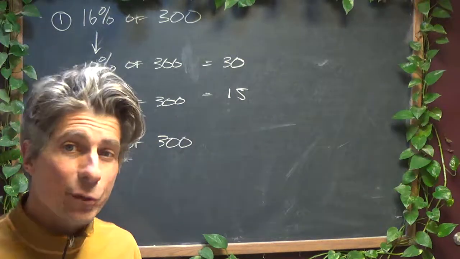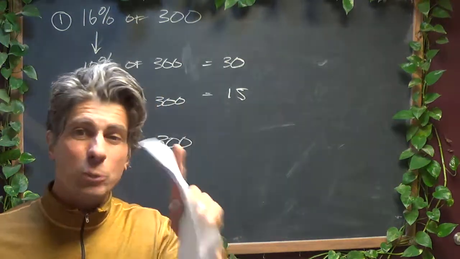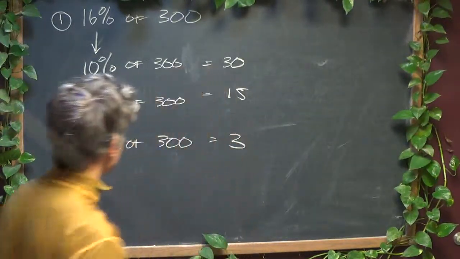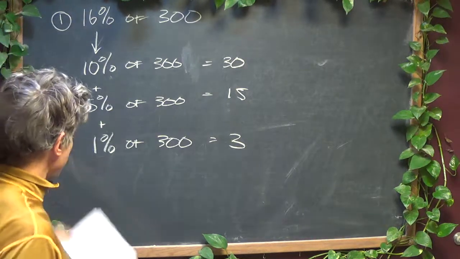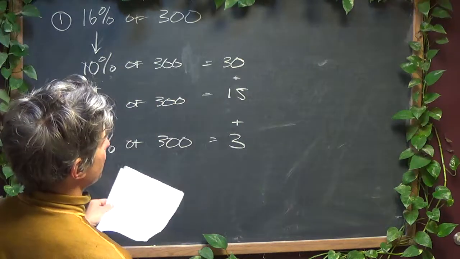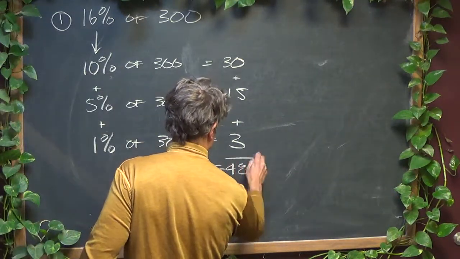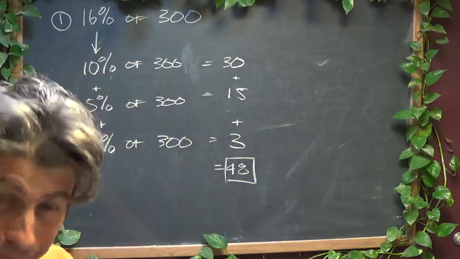So if you were to take 300 and divide it into 100 equal pieces, how much would each one of those pieces be? And that's 3. So when you realize that 16% is 10 plus 5 plus 1 as percentages, that's going to be 30 plus 15, which is 45, plus 3, which equals 48. And that, my friends, is 16% of your 300.